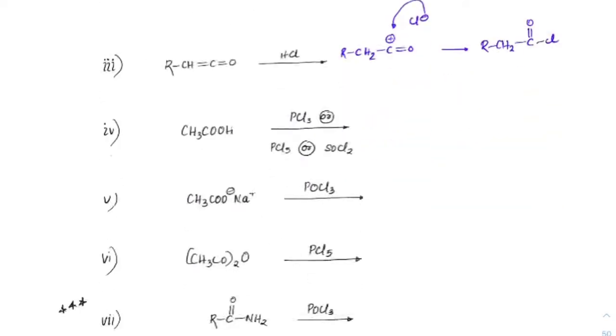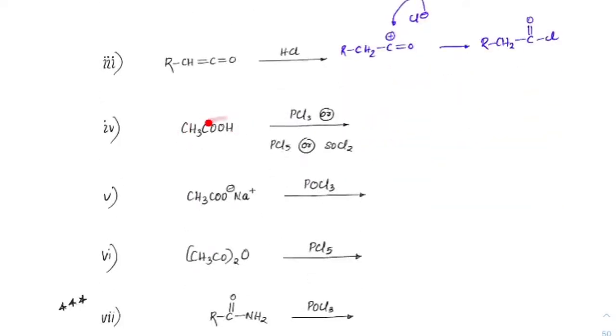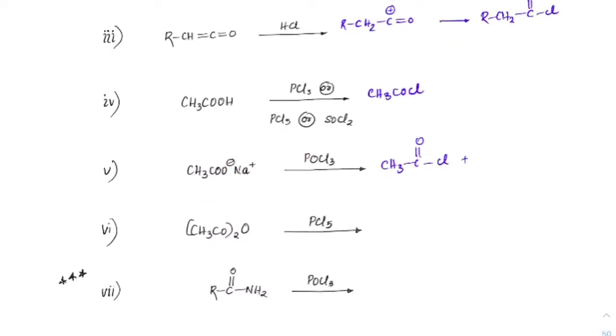Next, CH3COOH with PCl5, which I just repeated, and CH3COO minus in the presence of POCl3. Here also we will have CH3 C double bond O Cl. One chlorine has shifted here, and the other chlorine will go away with phosphorus. Eventually we would have PO3 3 minus here.